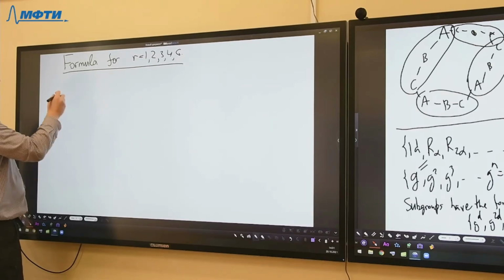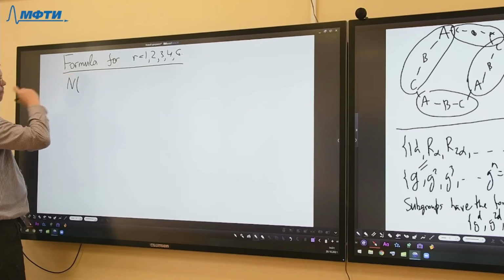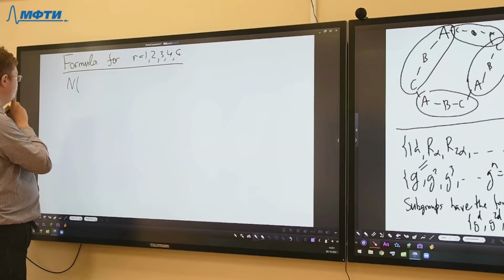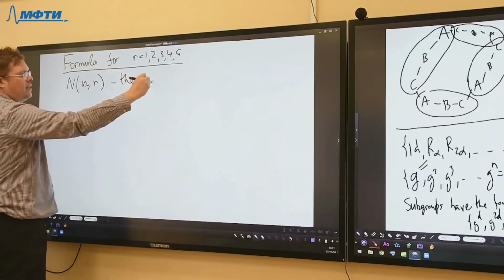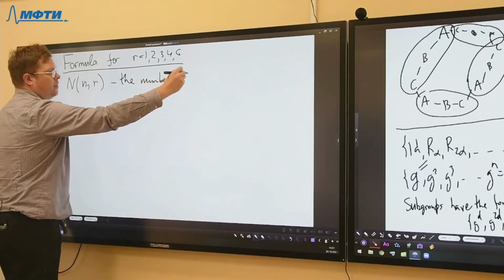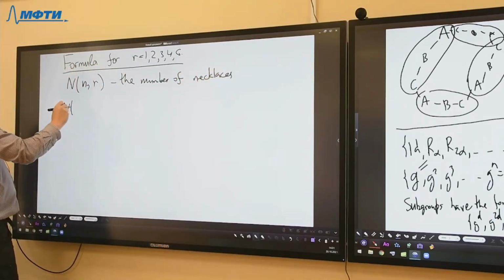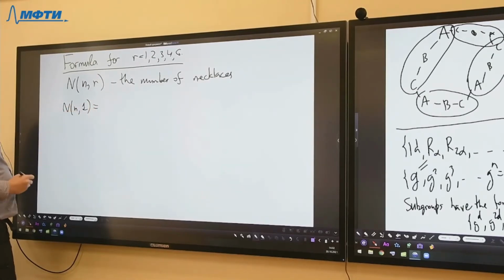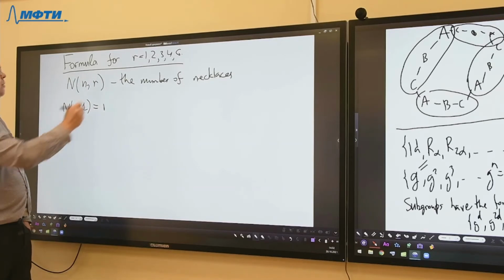Let me denote by N the number of necklaces, and maybe necklaces is the wrong word. So N of n and r. If we have only one color, we have only one necklace for each color. So maybe I want to take n equal to 1.